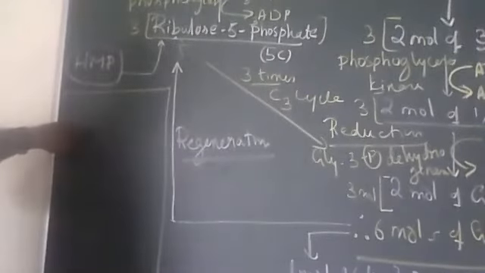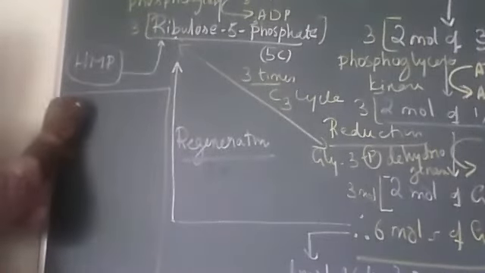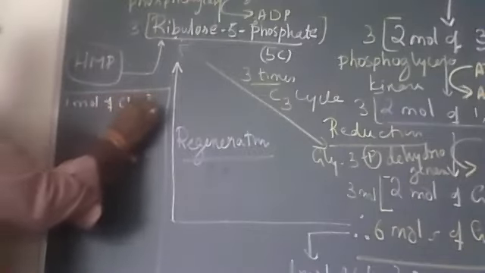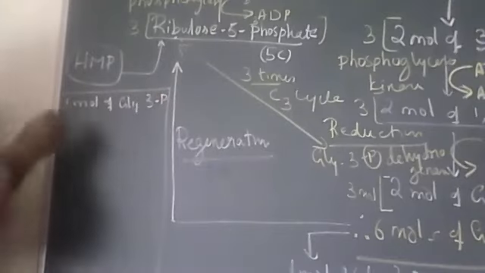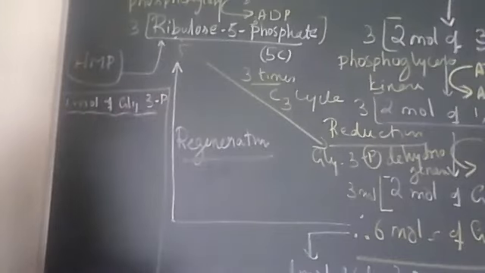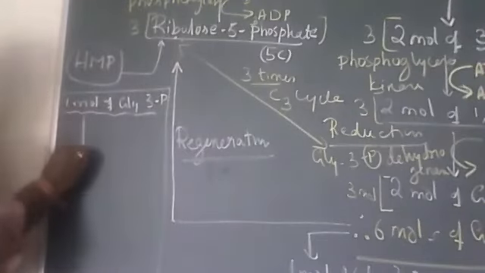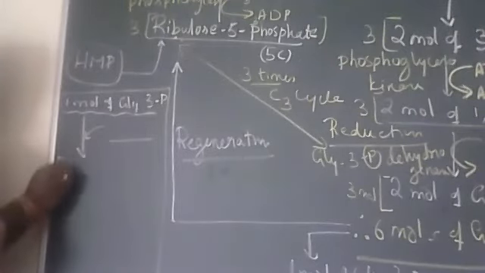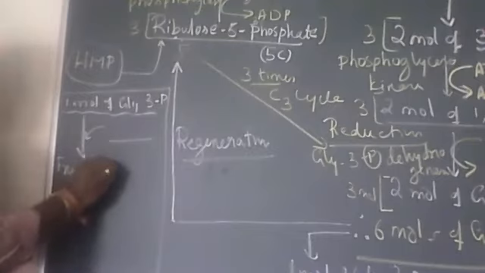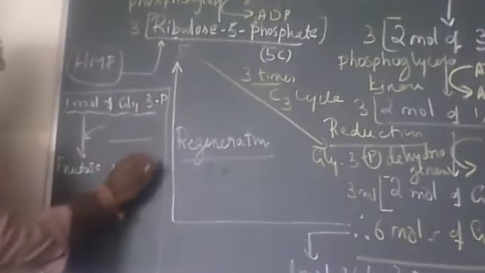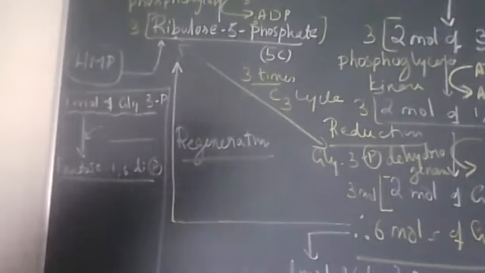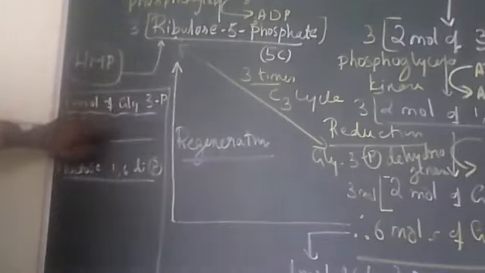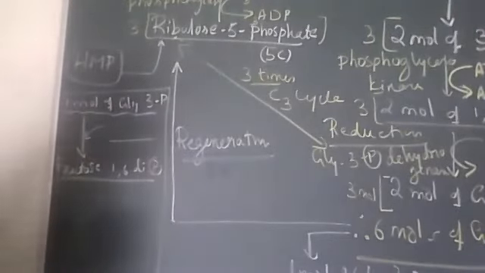What I want to explain here: 1 molecule of glyceraldehyde 3-phosphate combines with dash, you should tell me this one, to give fructose 1,6-diphosphate. You just told me EMP pathway, no? Recollect and tell me. Glyceraldehyde 3-phosphate plus dash will give you fructose 1,6-diphosphate. Tell me.